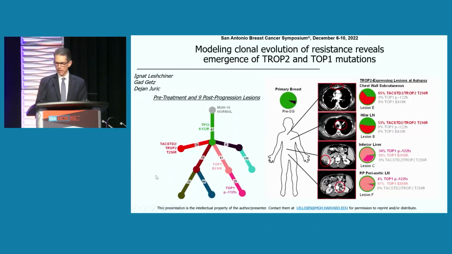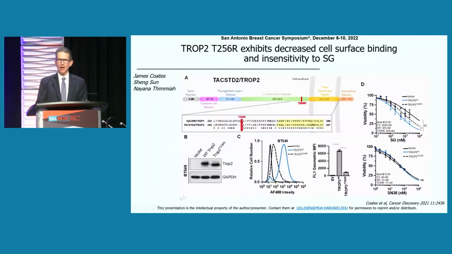So that's what we then went into the lab to do. This is a little schematic of TROP2, as I said, highly related to EpCAM. The mutation is in the juxtamembrane conserved domain, and we were able to show that it does not affect the level of TROP2, but here you can see in panel C by FACS analysis that it affects the cell surface localization of TROP2. Indeed you could show that if you reconstitute the wild-type TROP2, you make cells sensitive to SG.